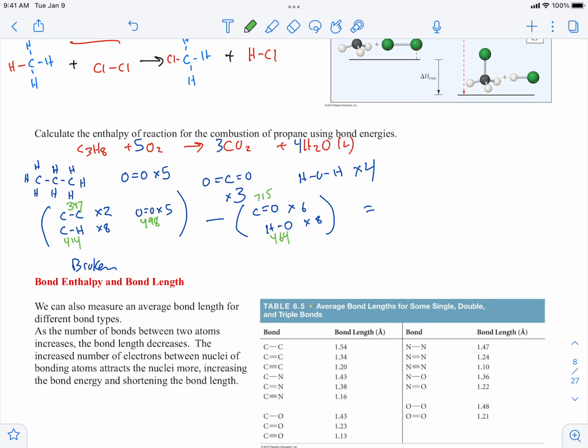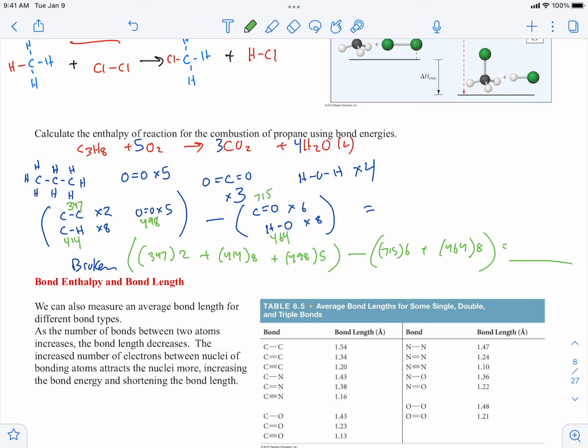Okay, so what does this all look like then? So 347 times 2 plus 414 times 8 plus 498 times 5, all of that minus 715 times 6 plus 464 times 8.